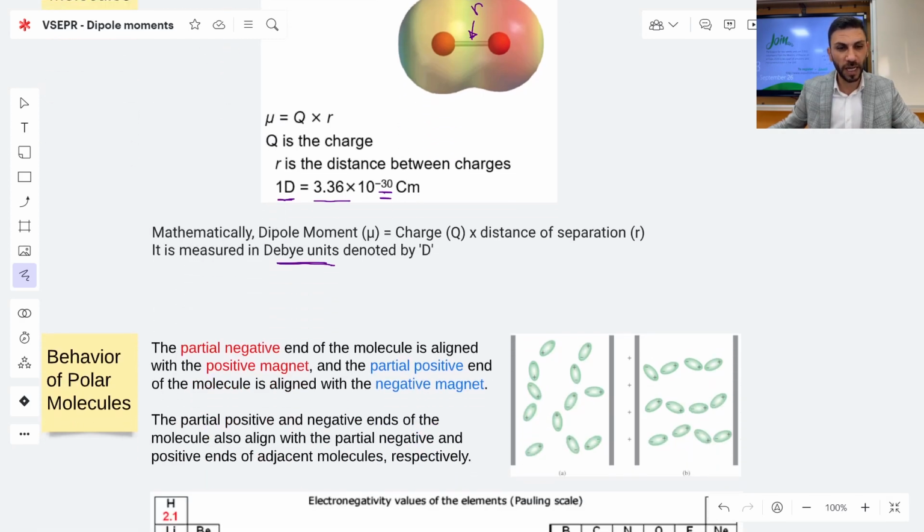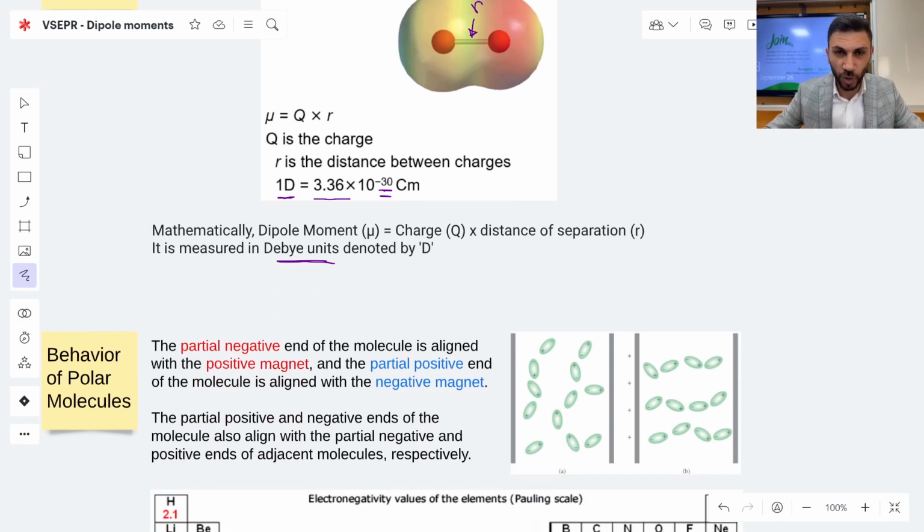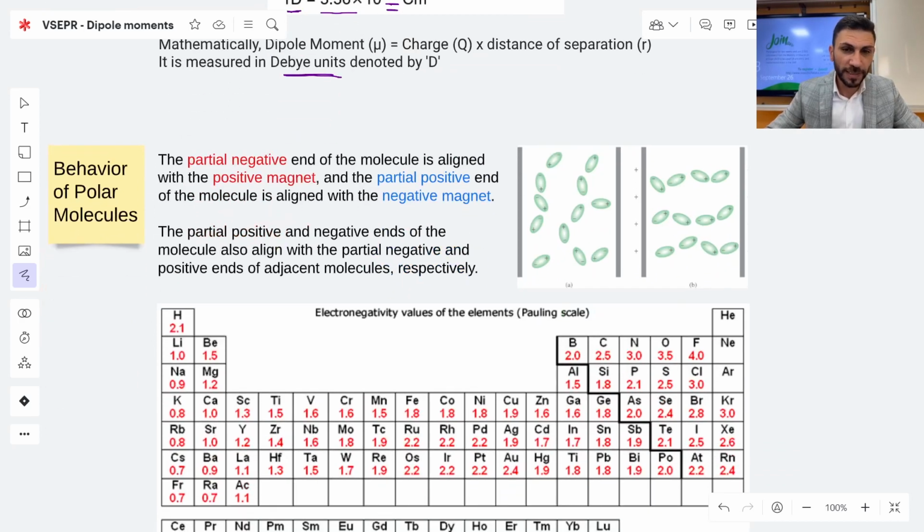All right. Now, what is the dipole moment? What do you mean by dipole moment? Let's check here. If you check some dipoles, dipole means that one of the poles has a negative sign and the other one has a positive sign. For example, this is the molecule. This section is partially negative.